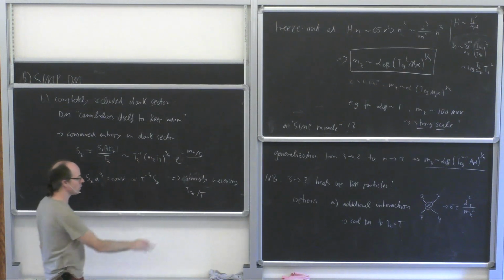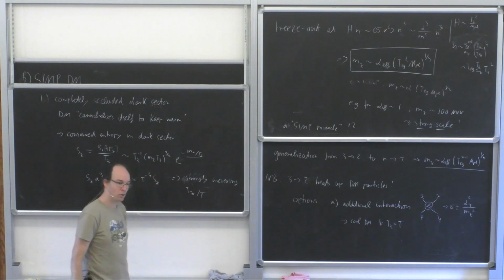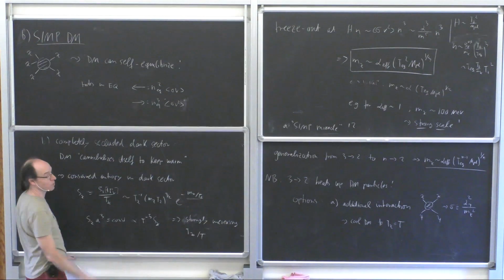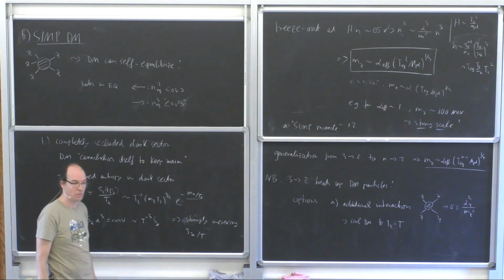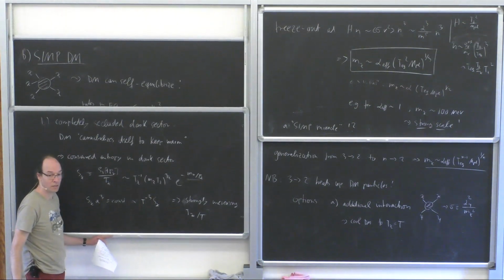So that means in order to have compatible free streaming lengths, you basically have to make sure that you start out with an initial temperature in the dark sector that is much smaller than the standard model temperature.